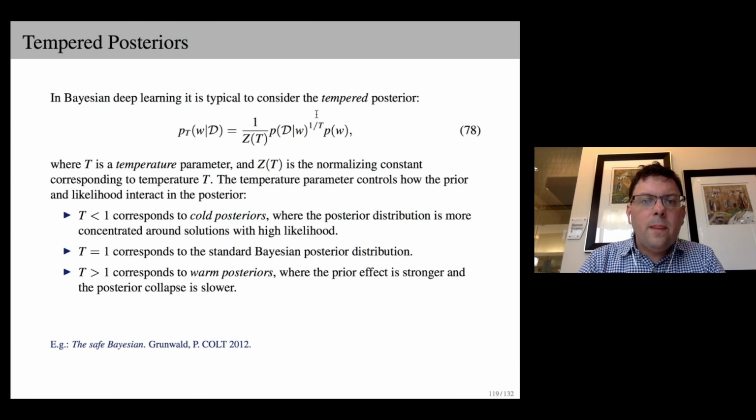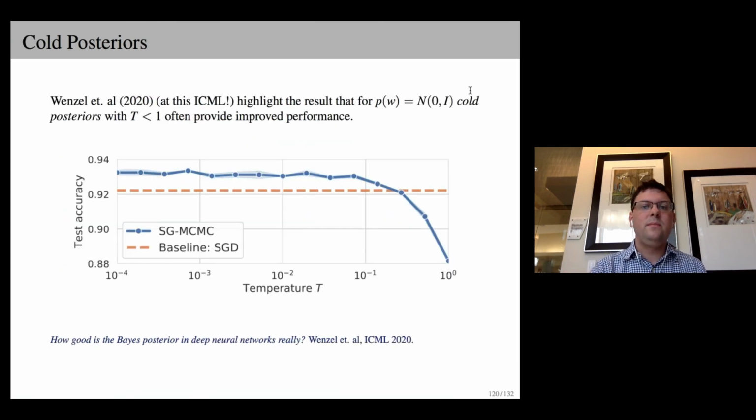Now, in Bayesian deep learning, it's typical to consider what's called a tempered posterior, where we've raised the likelihood to a power 1 over T, where T is a temperature parameter. T less than 1 corresponds to a cold posterior, where the posterior is more concentrated around solutions with high likelihood. T equals 1 corresponds to the standard Bayesian posterior. T greater than 1 corresponds to warm posteriors, where the prior effect is stronger and posterior collapse is slower.